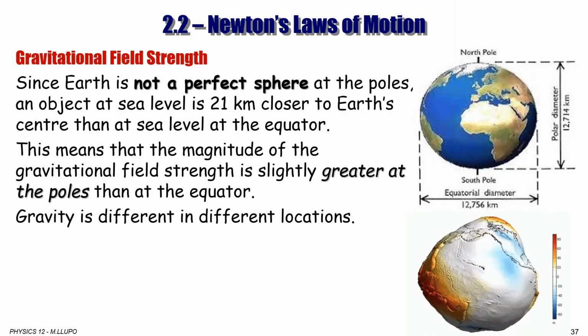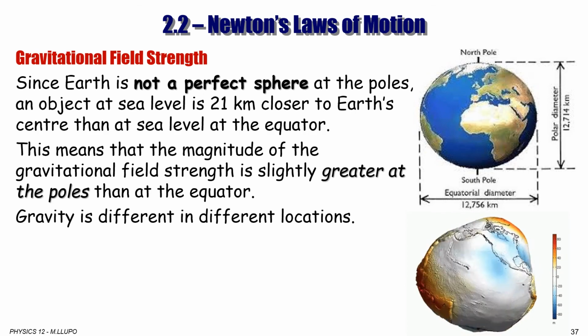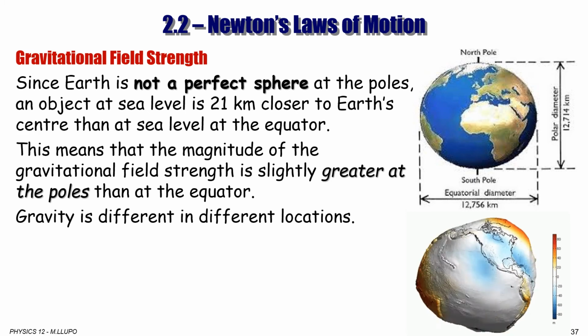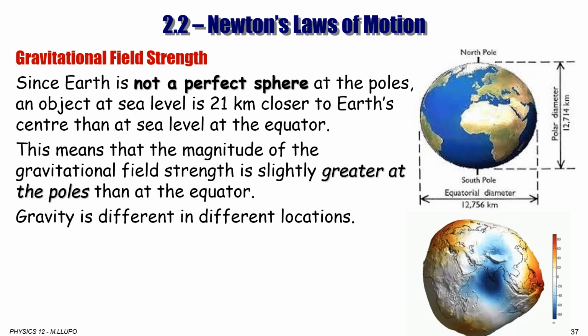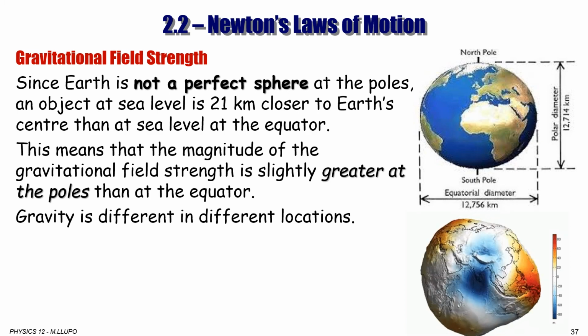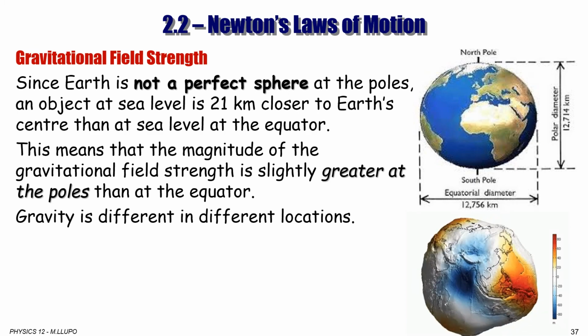If you see the diagrams on the right, it is very clear that Earth is not a perfect sphere. At the poles, the object at sea level is 21 kilometers closer to Earth's center compared to the equator.